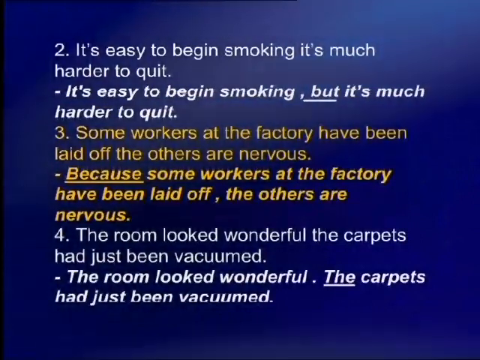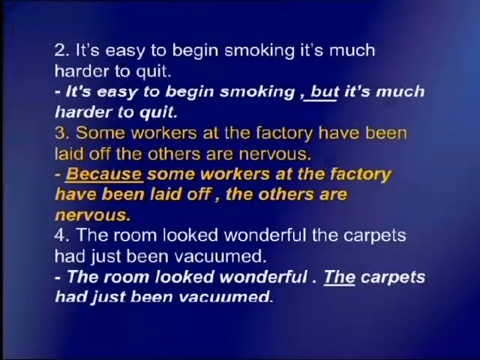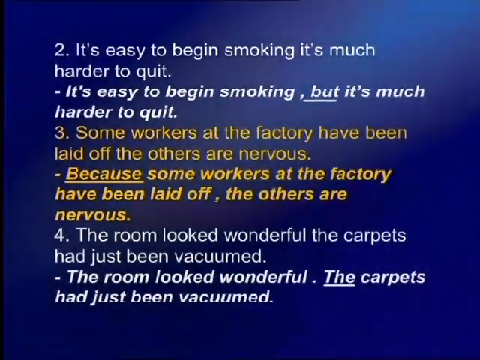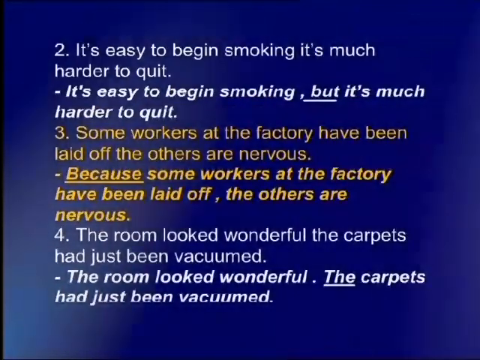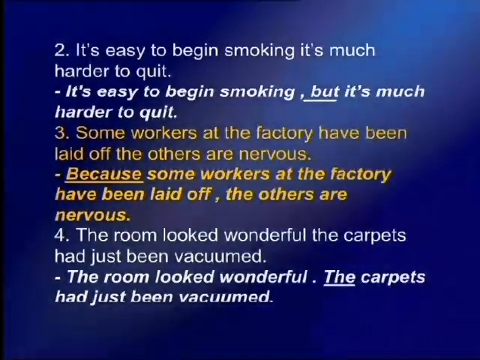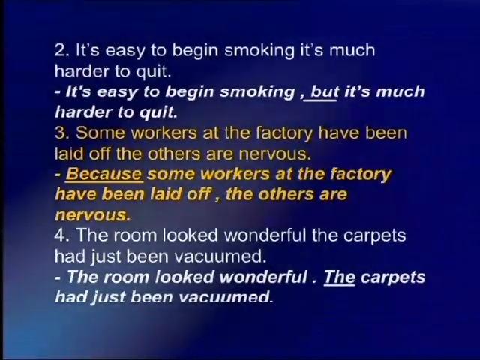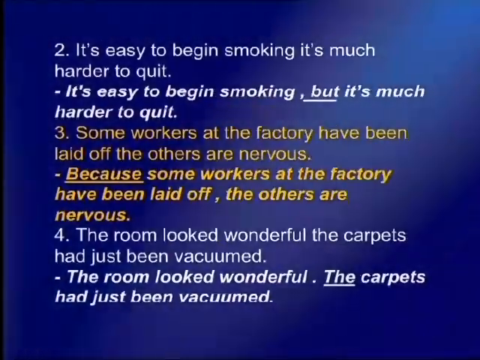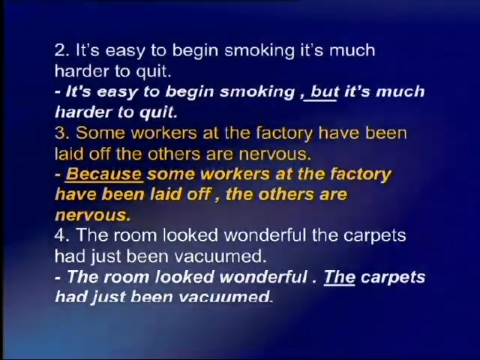But is appropriate over here. You can't use and, you can't use so, because it contrasts what you've said earlier. The first part is, it's easy to begin smoking, but it's much harder to quit. That is a better sentence, a better construction.